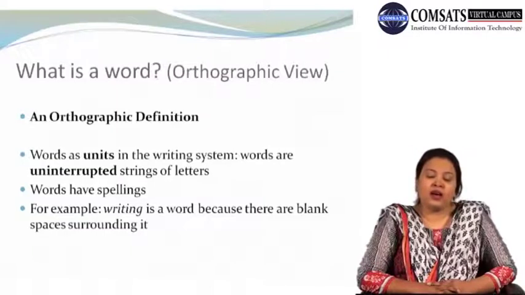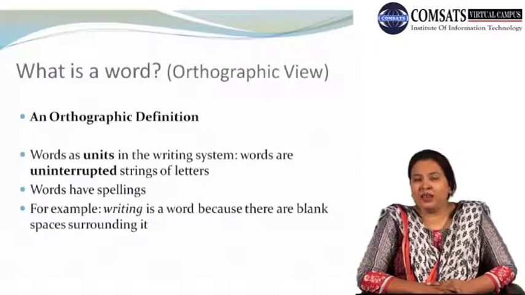Words are uninterrupted strings of letters. So with respect to orthography, if in our written language we see words, how can we identify that these are the words? A boy named as Jack. Now what are the words in written form? A boy named as Jack.